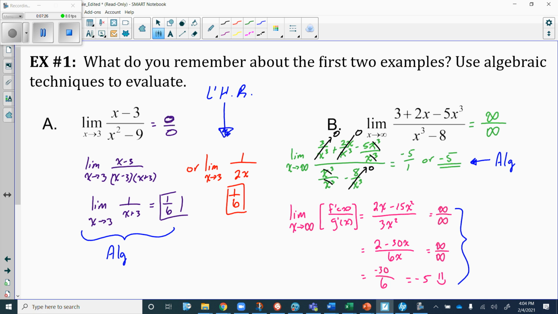And here, if we use L'Hopital's rule, here's my L'Hopital's rule where we had to do it a couple of different times.